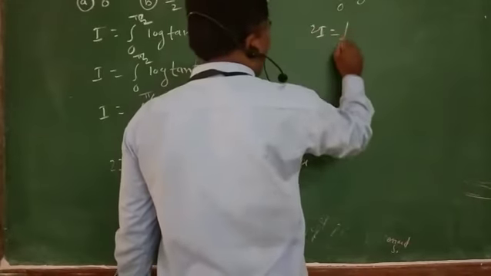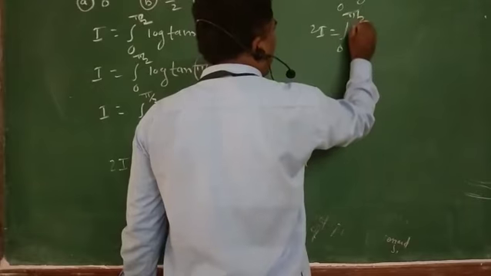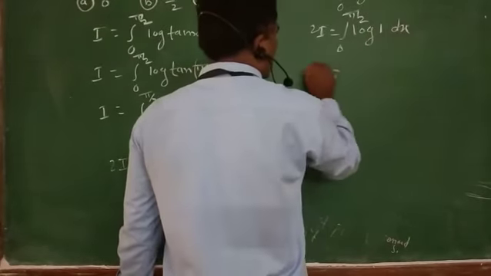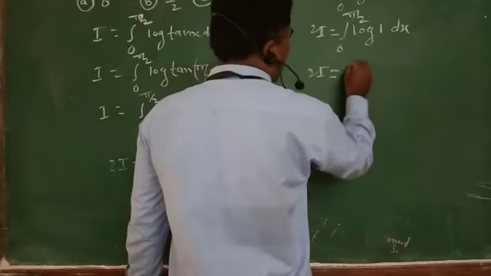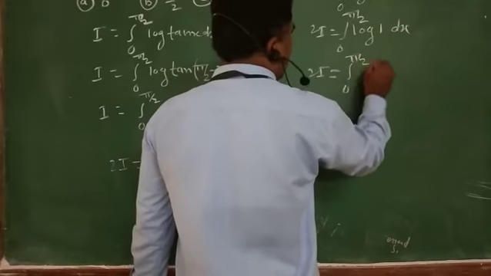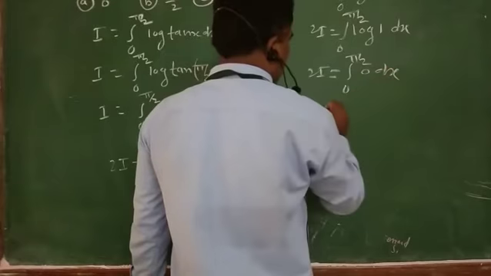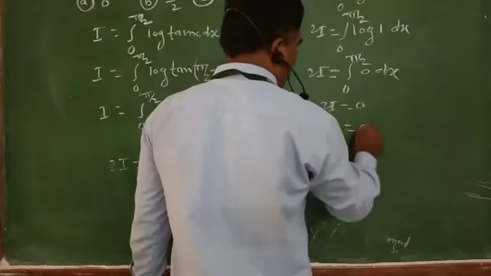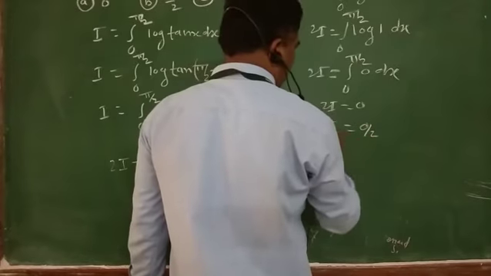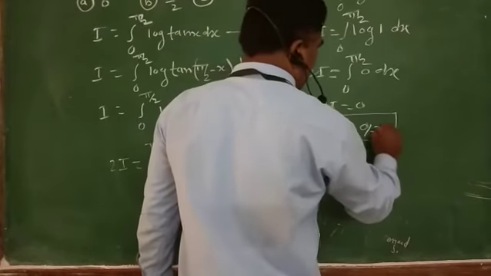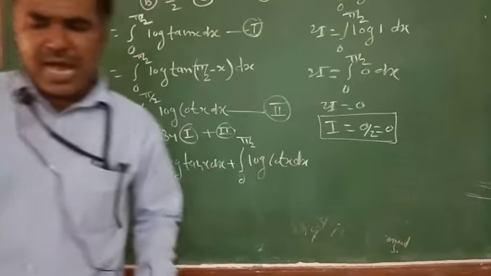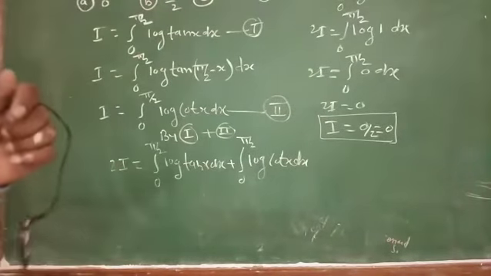2I equal to integration 0 to pi by 2 log 1 dx. 2I equal to integration 0 to pi by 2 0 dx. That is 2I equal to 0, I equal to 0 upon 2, equal to 0 is the answer of the given question.